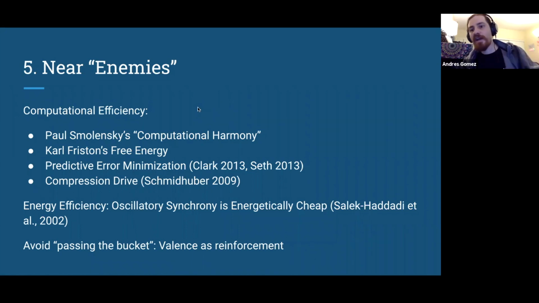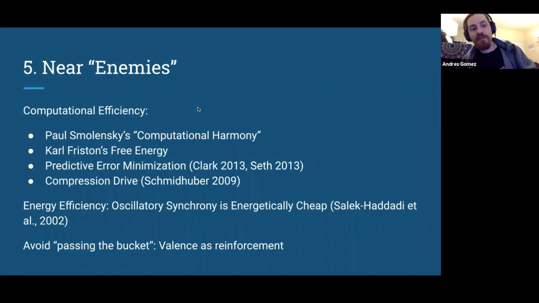There's this whole account of computational efficiency: the brain likes computational efficiency. But you still have to explain what this liking manifests as. We use this argument of passing the bucket: ideally your theory of valence should explain what valence itself is, not only when it gets triggered.